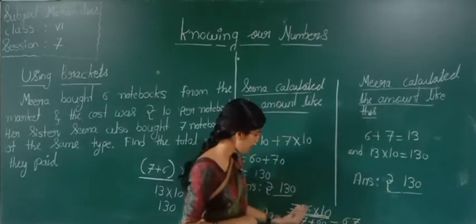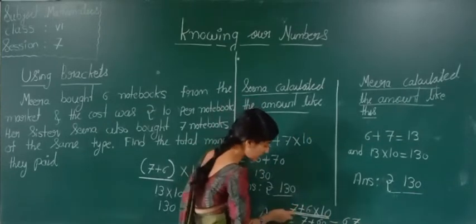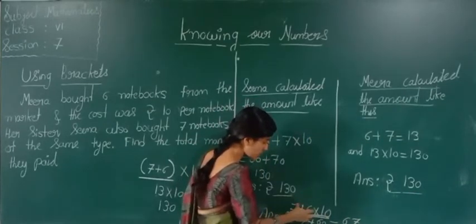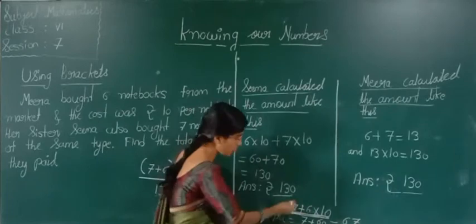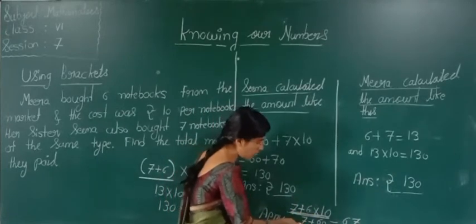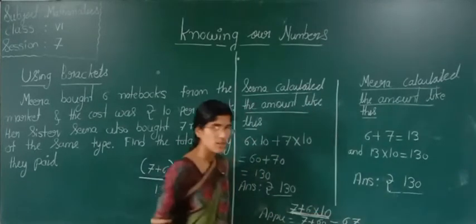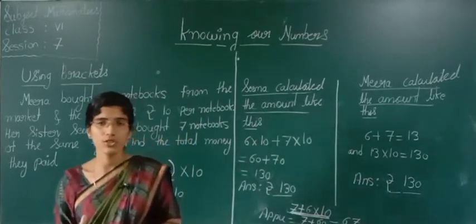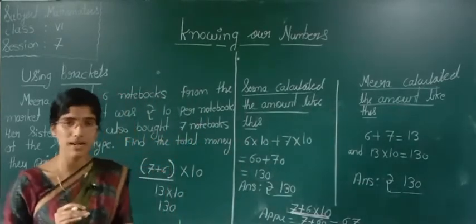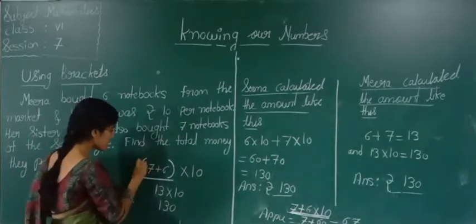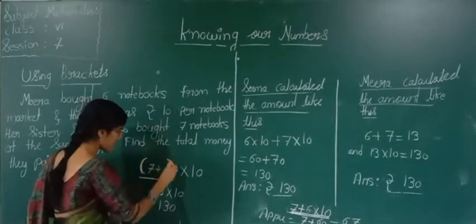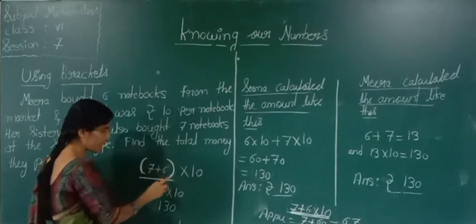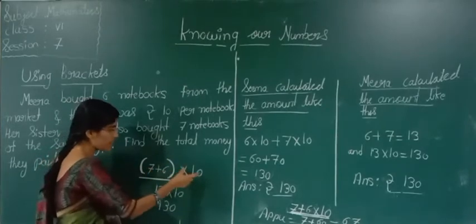Now see here, we did not use a bracket here, right? We did not use a bracket, and we got so much confusion. We got 67 here. To avoid such confusion, we will use a bracket. We will pack 6 and 7 in a bracket multiplied by 10.